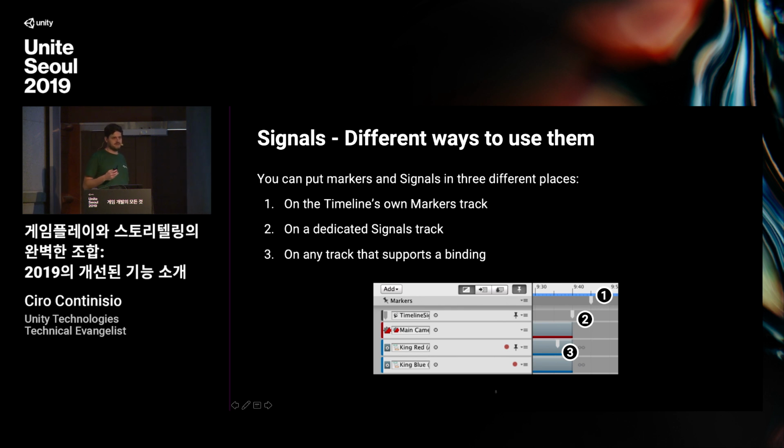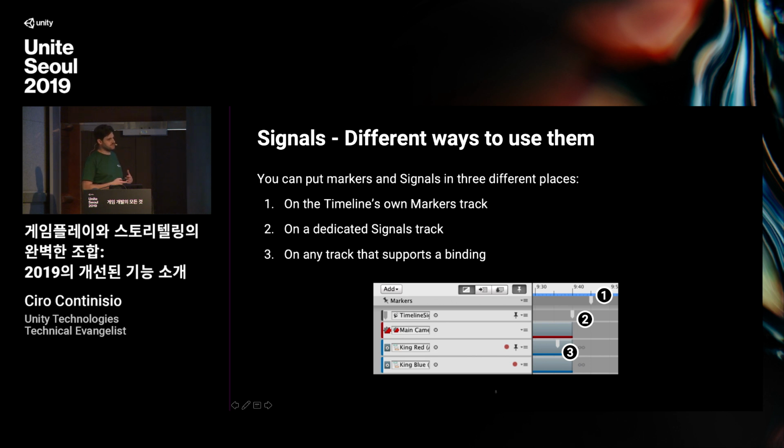Who knows what's a binding or a bound object? It's these ones. Main camera, king red, king blue. They are bound objects for each track. So this one is an object bound to this animation track. If a track has a bound object, then you can put a signal on it. And each one of these three options has its own advantages.